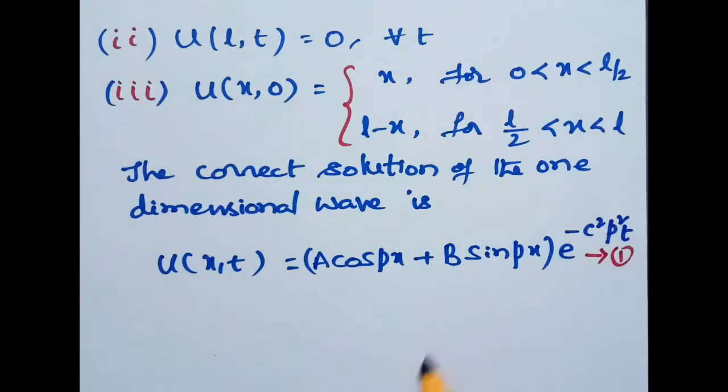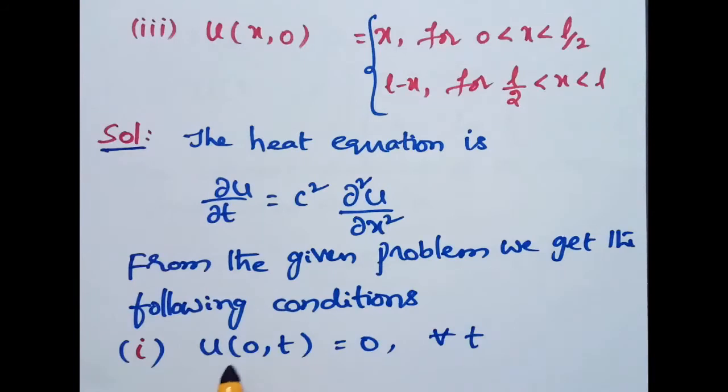Now applying condition number 1 in equation 1. Condition number 1 is u of 0 comma t equal to 0 for all t.